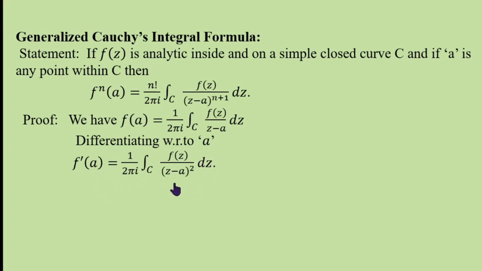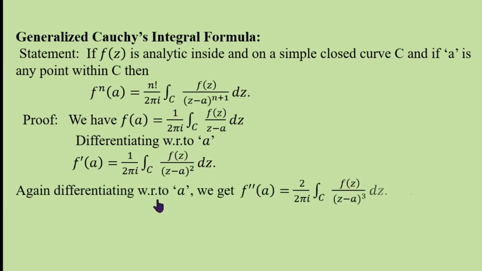So f double dash a is 1 by 2 pi i integral over C of f of z, and the partial derivative of 1 by z minus a whole square is minus 2 into 1 by z minus a whole cube into minus 1. Therefore 2 by z minus a whole cube. Now 2 is nothing but 2 factorial. So f double dash a is 2 factorial by 2 pi i into the integral over C of f of z by z minus a whole cube dz.